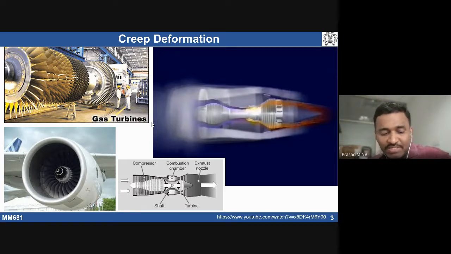One of them is thermal barrier coatings, which facilitate increased temperature on the component, but below that coating the metal is going to experience around 600 to 900 degrees Celsius. If I take, for example, 900 degrees Celsius, it is about 0.5 times the melting point of titanium or nickel.